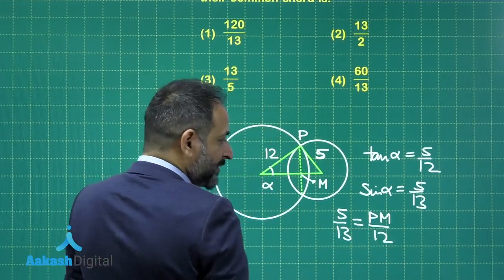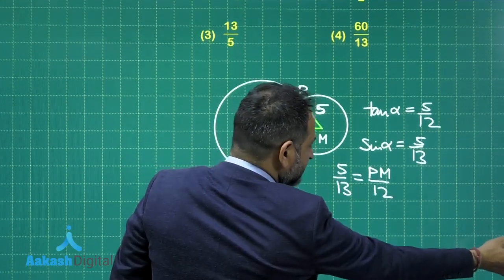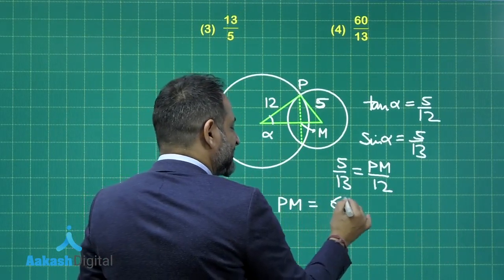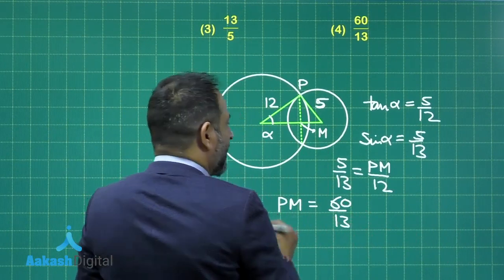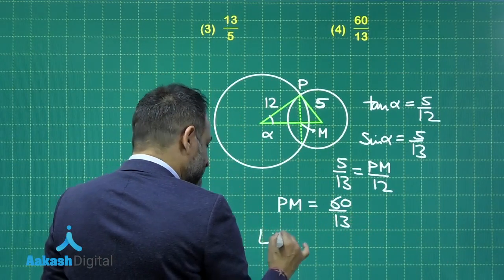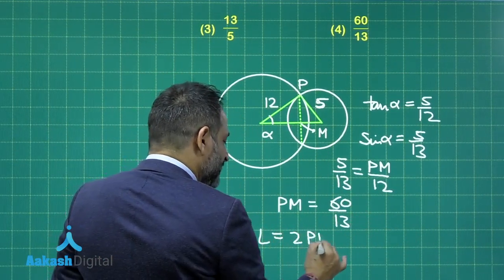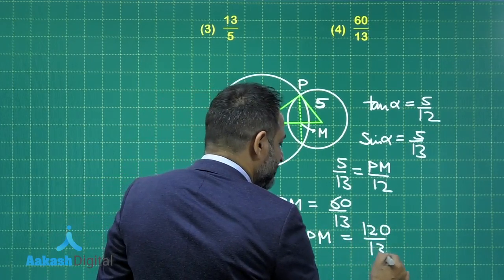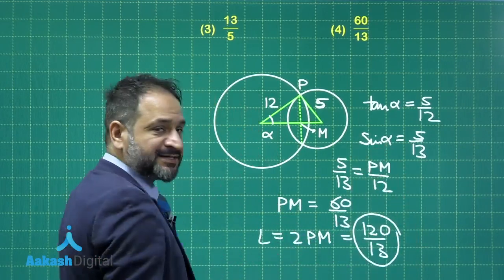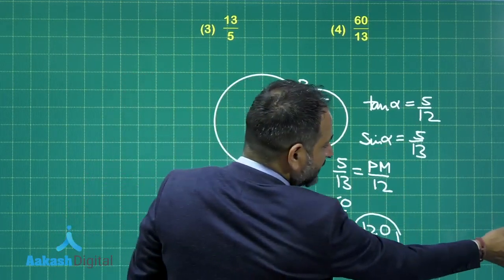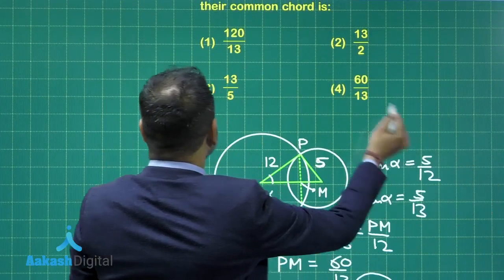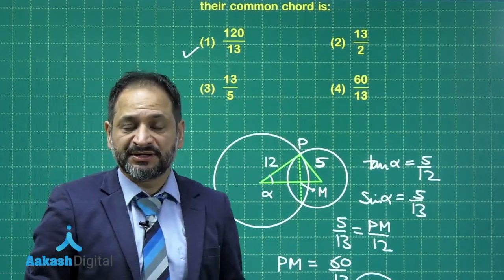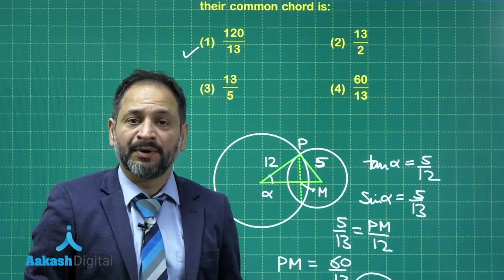From here you can see that PM is equal to 60 upon 13, and the length is twice PM, so this comes out to be 120 by 13. This is the correct answer for us. Let us check where this answer is. It is option number 1: 120 by 13 is the length of the common chord.